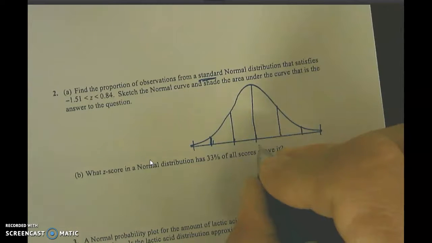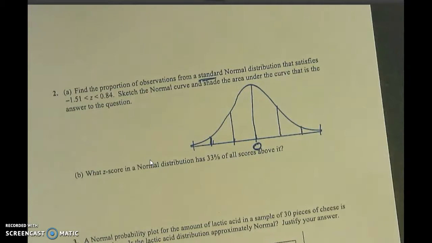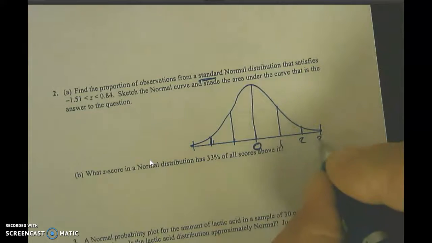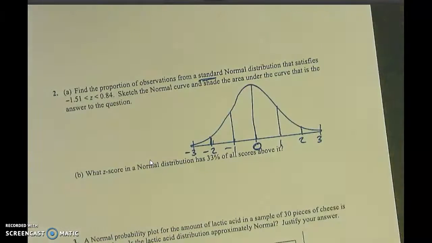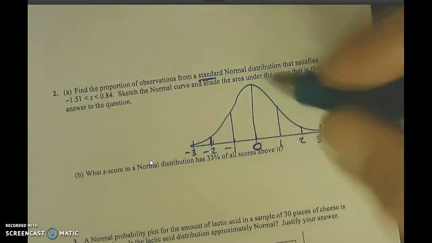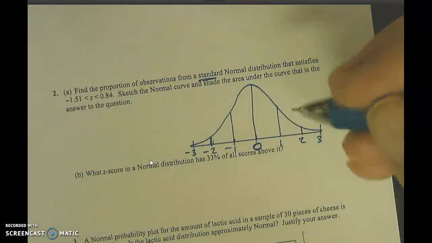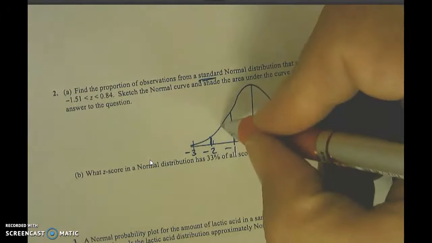So when it says standard, I know that my mean is going to be 0 and all my standard deviations are just going to be counting by ones. Perfect. So it looks something like that. Then negative 1.51, I'm going to say that's right about here.